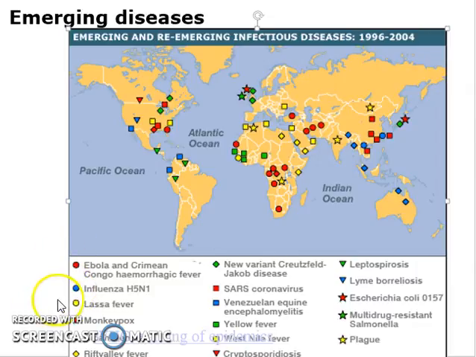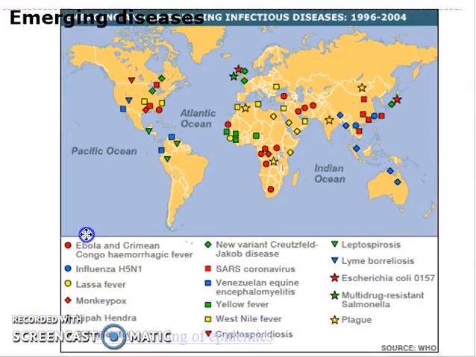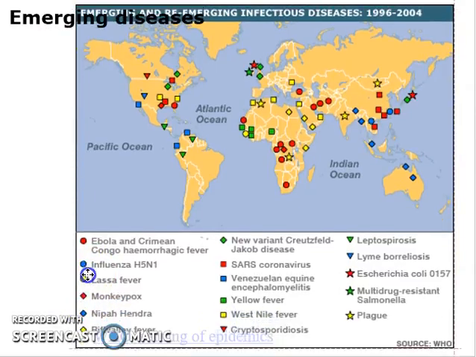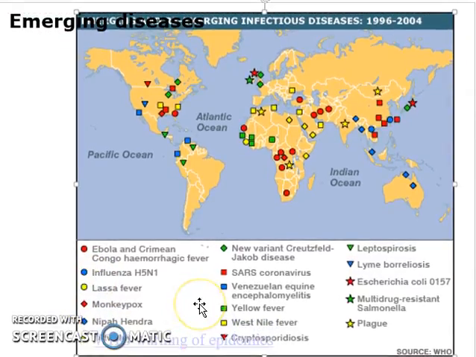When we have these particular diseases that are emerging, they're emerging because when they pop up, we haven't yet figured out the correct tools on how to respond and how to treat individuals suffering from these. So there are lots of diseases out there that still require more research and investigation for us to figure out exactly how to protect individuals from acquiring these illnesses, as well as helping individuals learn to cope with them.